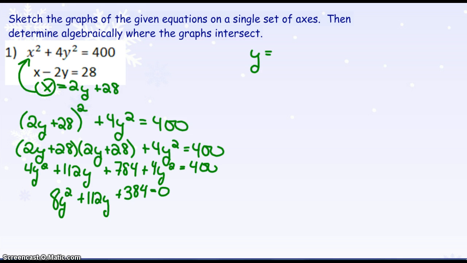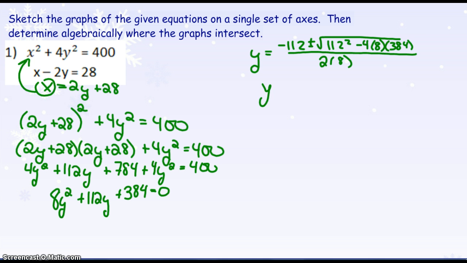Make sure you note to yourself that your variable right now is y, so you say y equals negative 112 plus or minus the square root of 112 squared minus 4 times 8 times 384 all over 2 times 8. That'll simplify to negative 112 plus or minus radical 256 over 16.